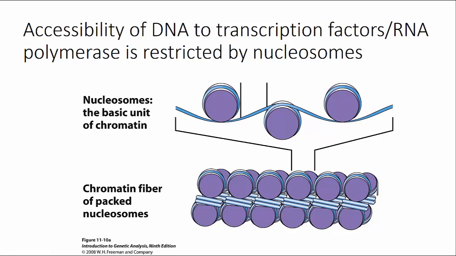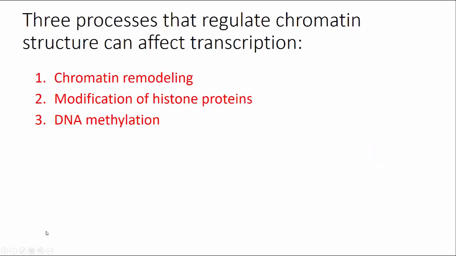If you have a situation like this, factors such as RNA polymerase and transcriptional regulators are much more likely to be able to bind than if the DNA looks like this or is even more tightly packed. So I'm going to introduce three different processes that regulate this chromatin structure and therefore can affect whether a particular gene is transcribed or not.